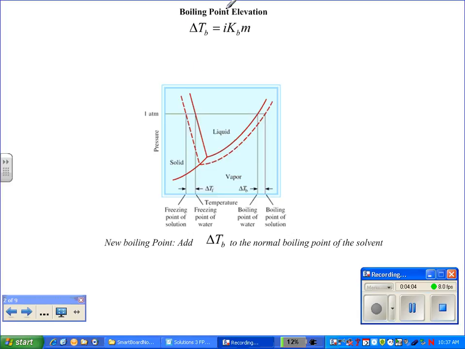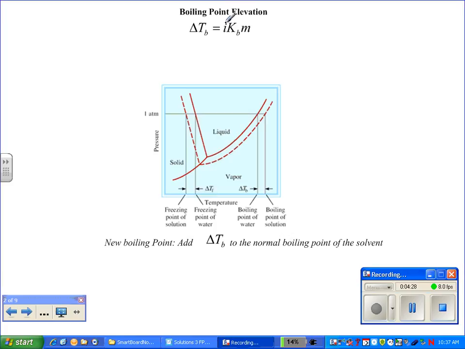Now, this is the equation that we use to monitor the boiling point elevation, and there's a similar formula for monitoring the freezing point. This is the boiling point elevation, so this is the increase that we'll experience in the boiling point. I is the number of solute particles per unit of solute that we have.